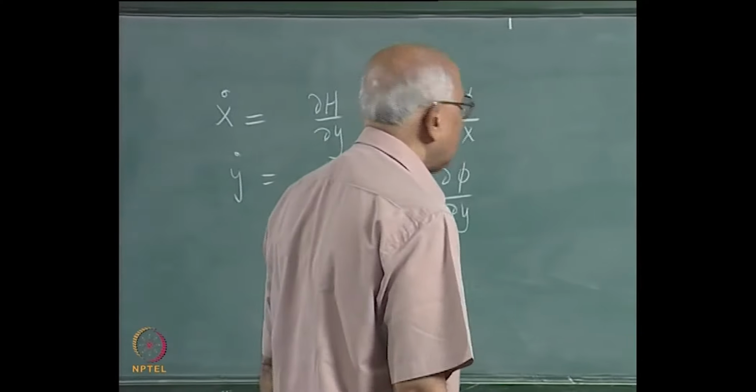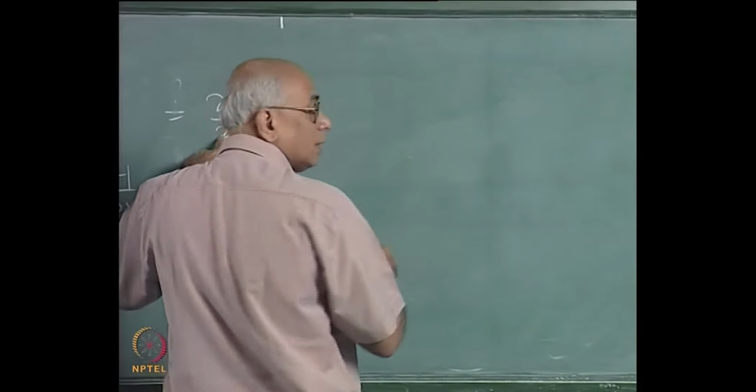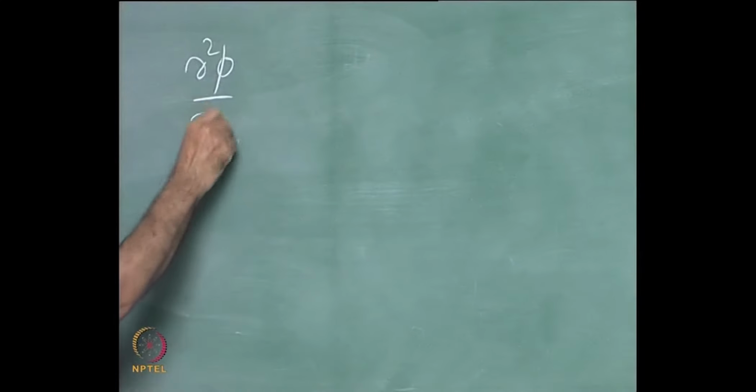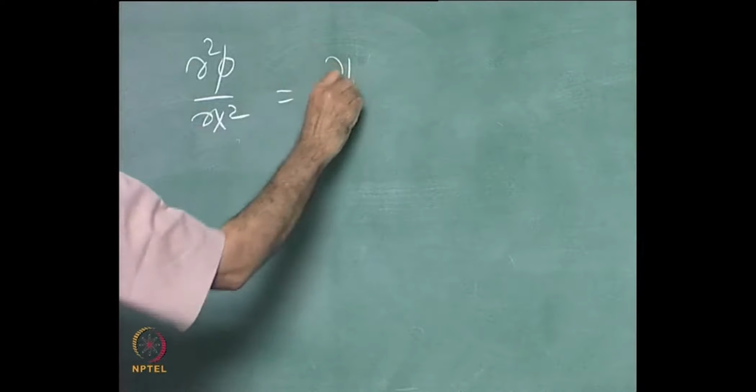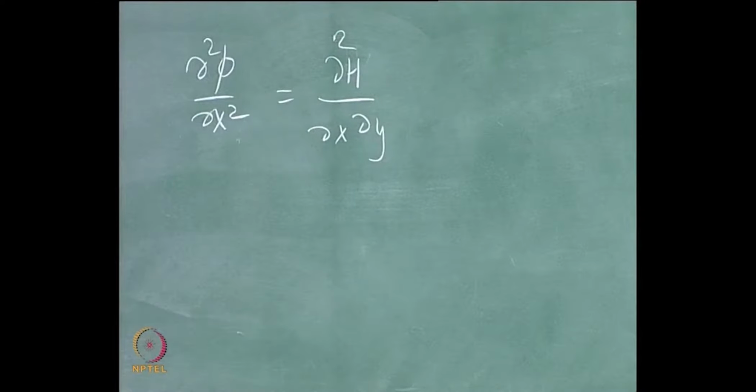What would that imply for each of these functions? What would it imply, for example, if I differentiate this a second time? I get d2 phi over dx2 must be equal to delta h over delta x delta y, and that would appear with a minus sign here, right.